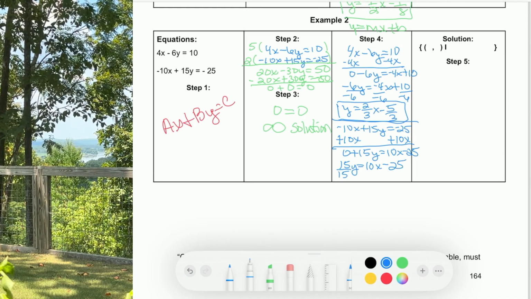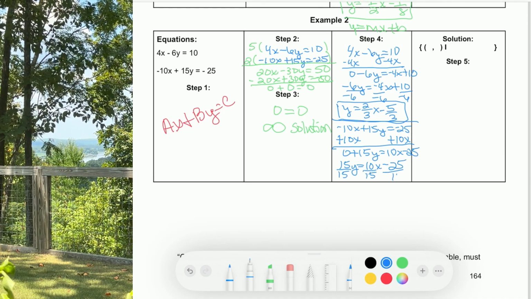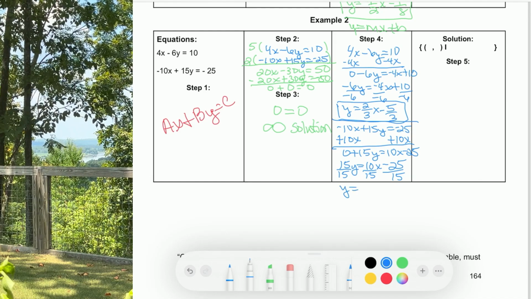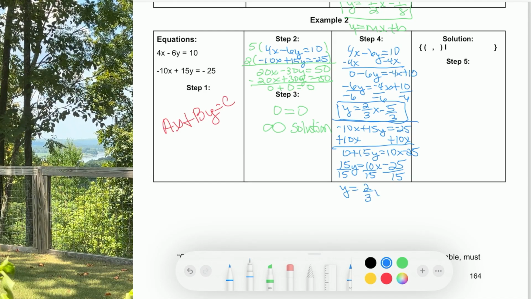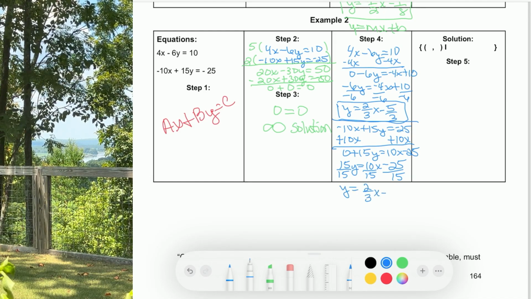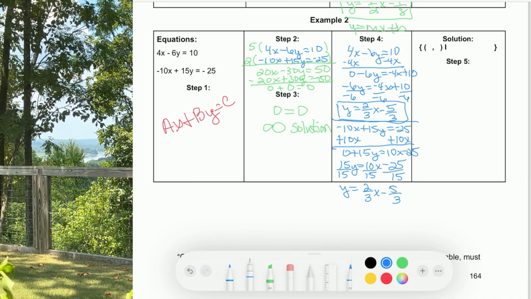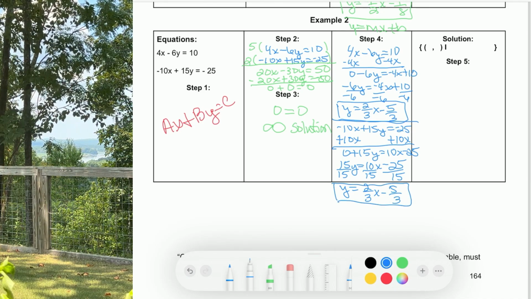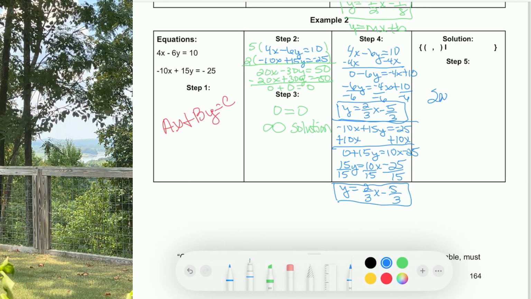Divide everything by 15. I get y equals 2/3 x minus 5/3 when I reduce those fractions. And look at that. We have the same slope.